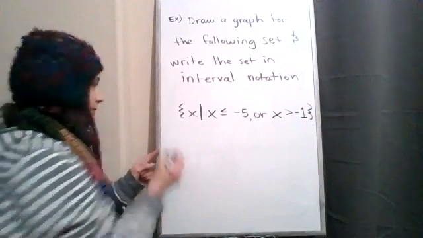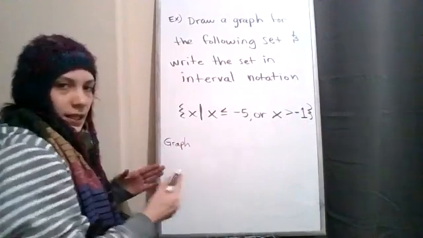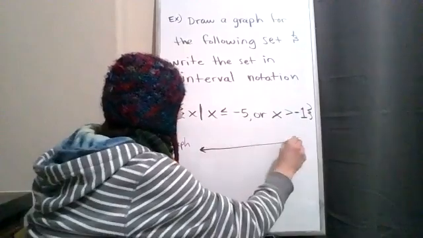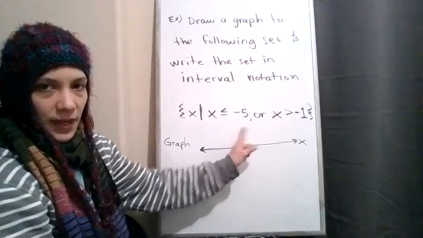All right, our graph is a number line for some variable x. We need negative 5 and negative 1.